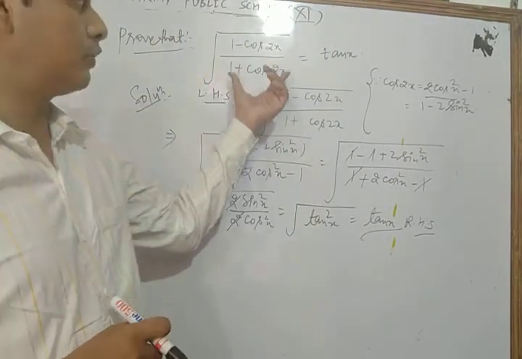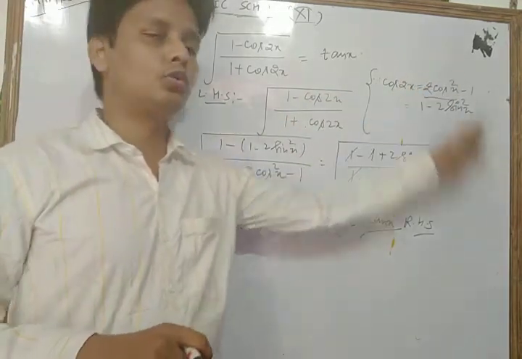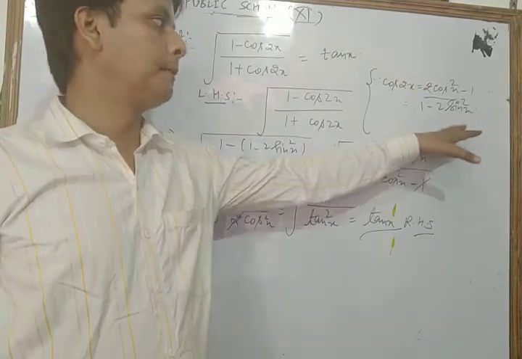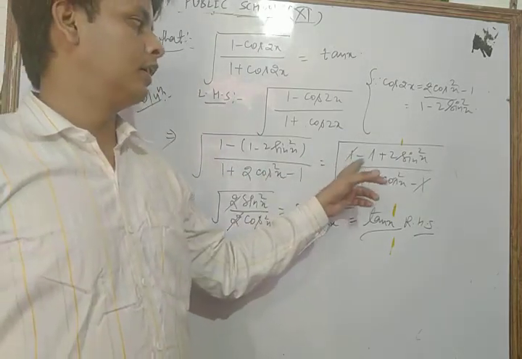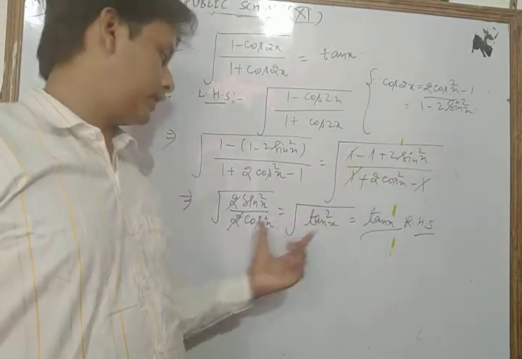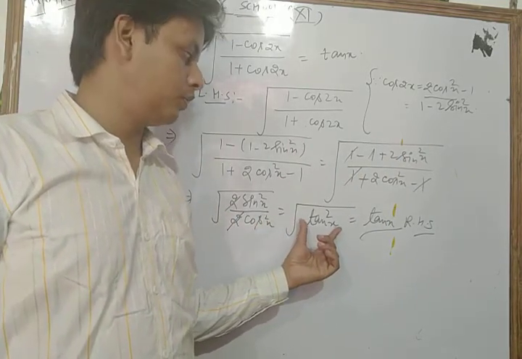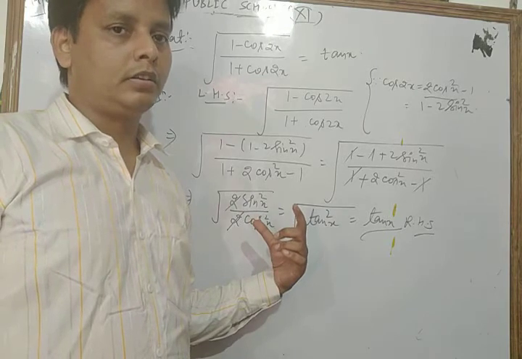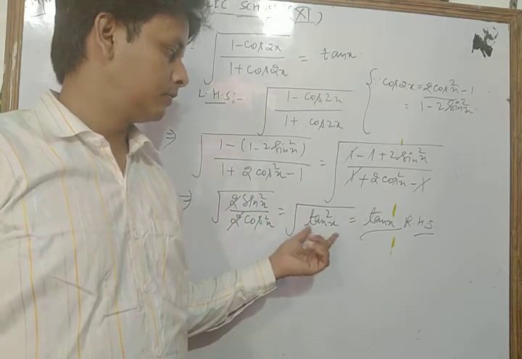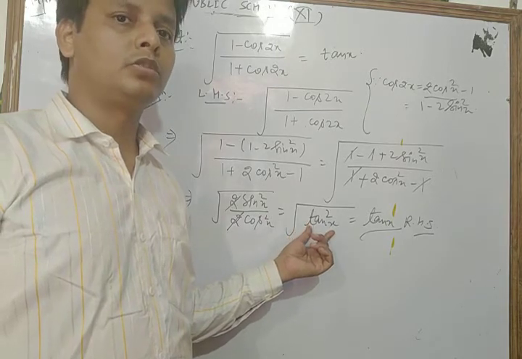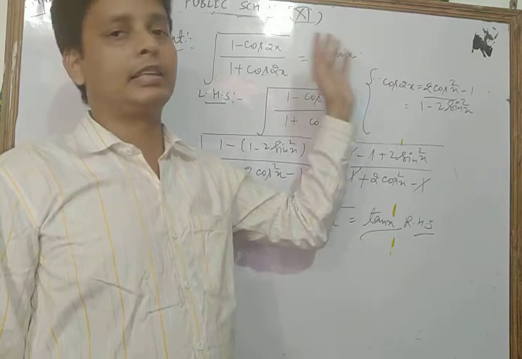Let's see once more. First of all, this is your given question, and we replace cos 2x as 2 cos square x minus 1 and 1 minus 2 sin square x. After simplifying we get square root of tan square x, and we can take it out from the surd, so we get tan x, which is our result, that is RHS.